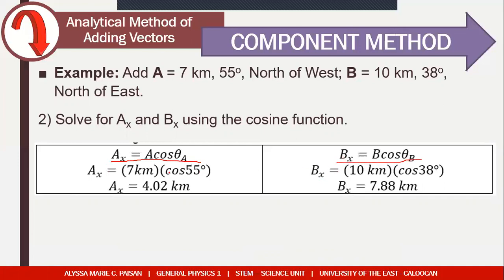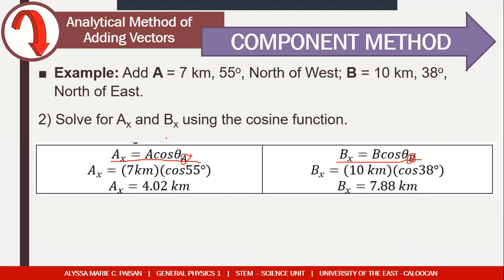The x component comes with cosine, and as you may notice, it also has theta with subscript A and then theta with subscript B. I just write the subscript here so that you may distinguish the angle for vector A and the angle for vector B. The angle for vector A is 55 degrees while the angle for vector B is 38 degrees.